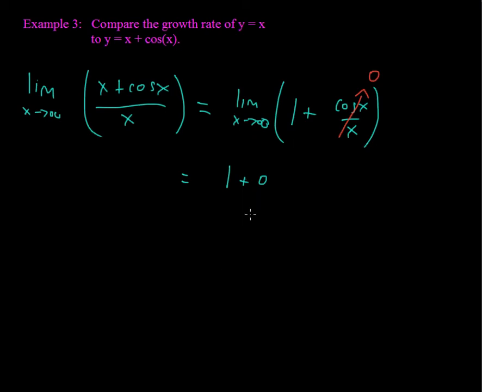And we end up seeing that this is heading towards 1. So we can see that this is a finite, non-zero constant. Our answer is that y equals x and y equals x plus cosine of x grow at the same rate.